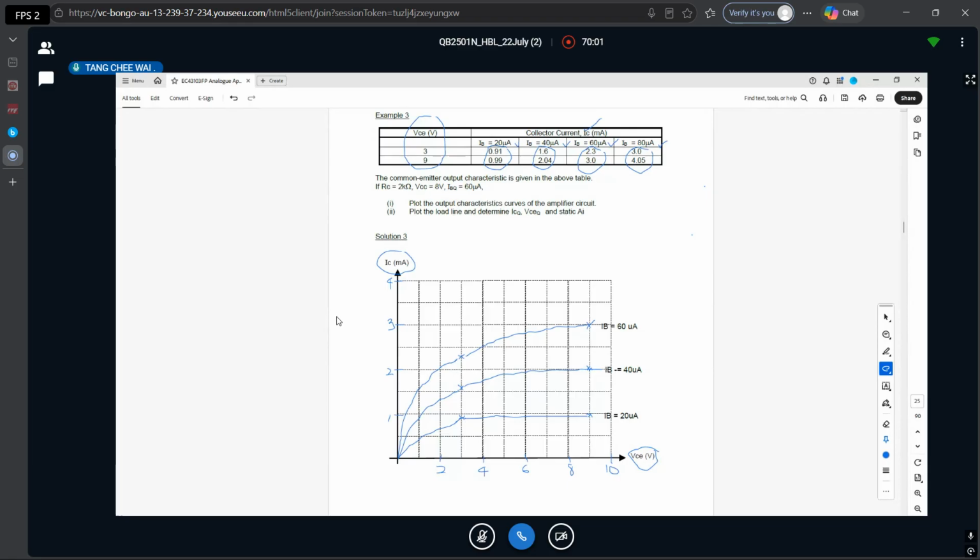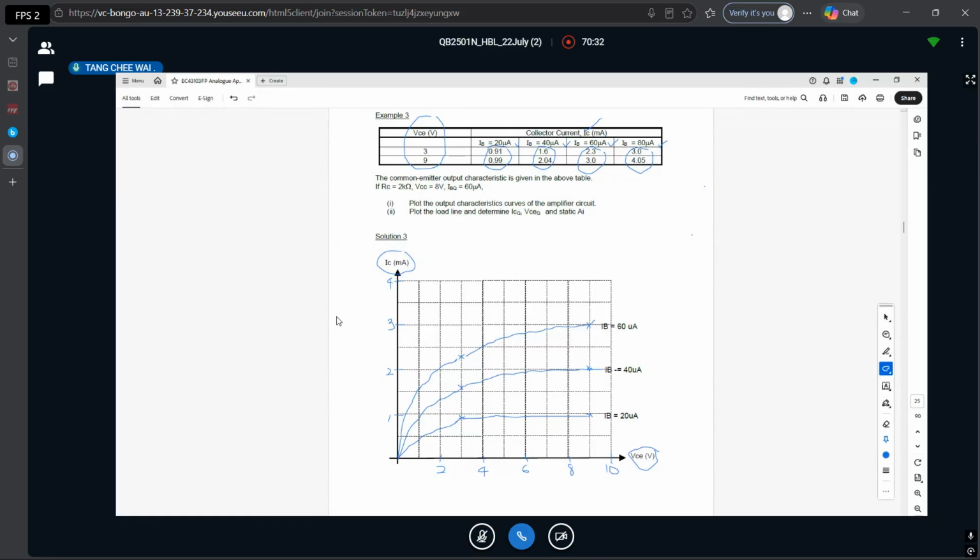I use this scale; I drew it ready for you to save time. It's 2 volts, 4 volts, 6 volts, 8 volts, 10 volts. Same I must do for my collector current. I use 2 squares as 1: 1 milliamp, 2 milliamp, 3 milliamp, 4 milliamp.